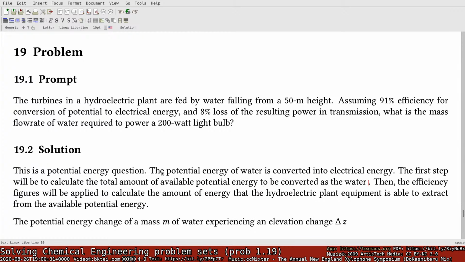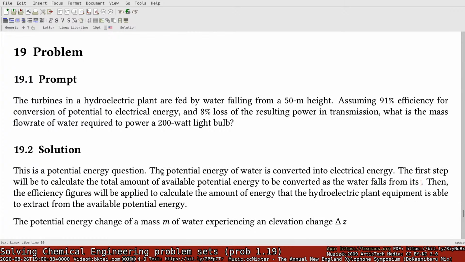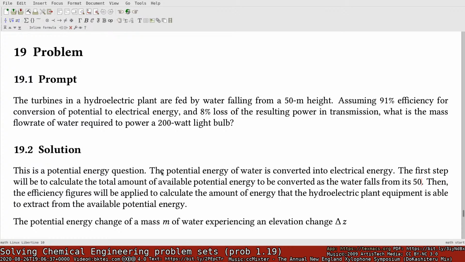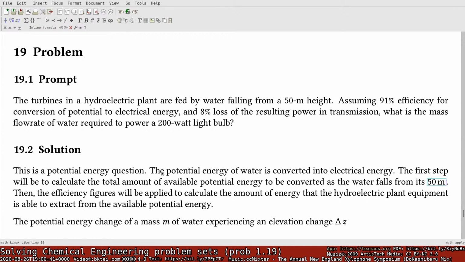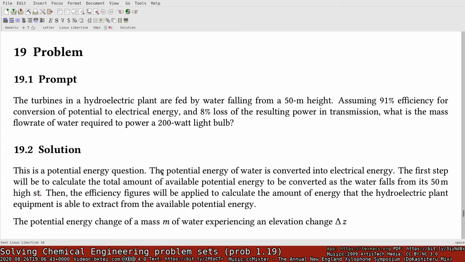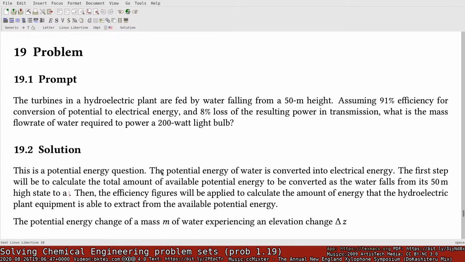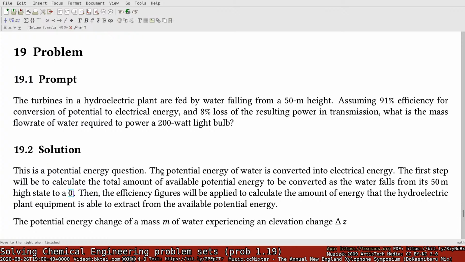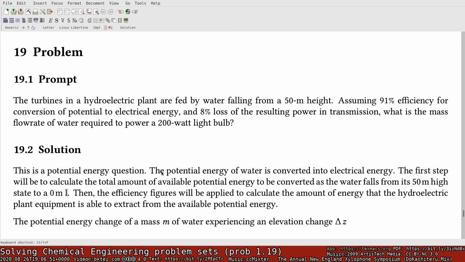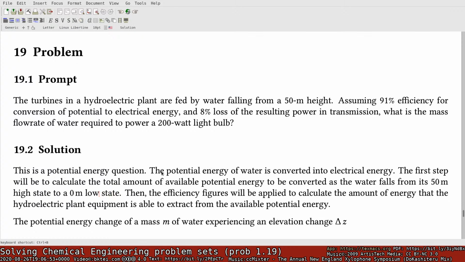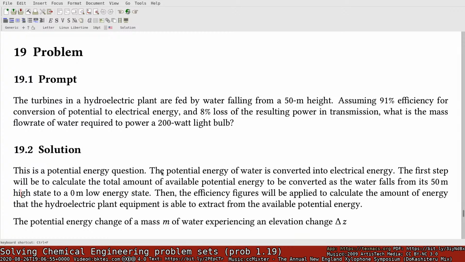As the water falls from its 50 meter high state to a 0 meter low state, low energy state.